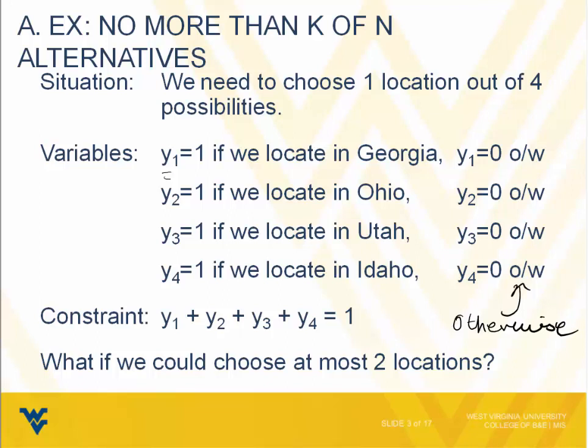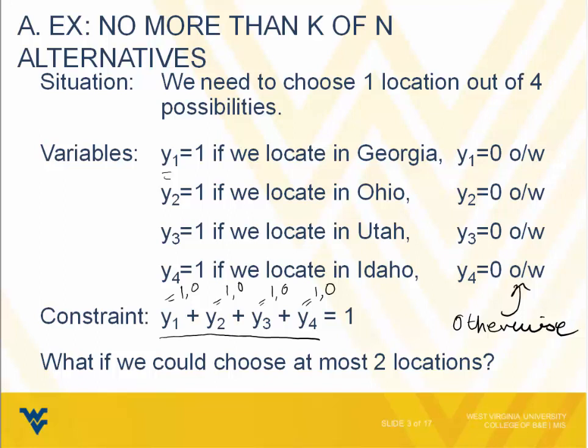So the constraint is very straightforward. We take the sum of these binary variables because what is each value? Either 1 or 0, right? So it can be either 1 or 0. So by setting it equal to 1, what we are doing is we are forcing only one warehouse to be open.